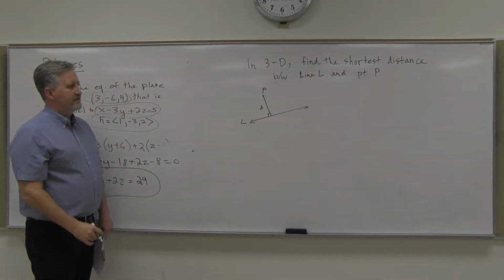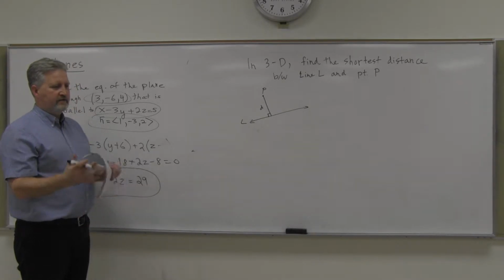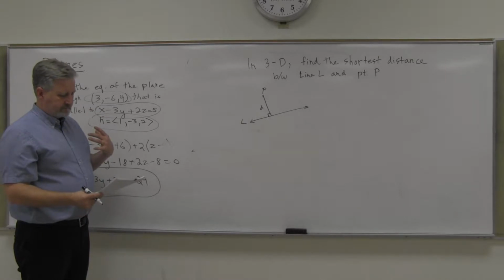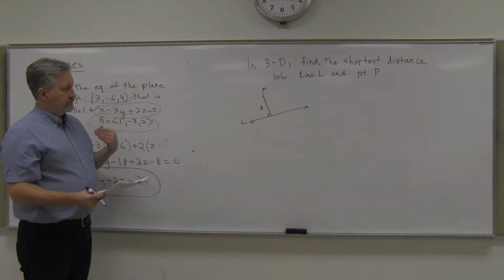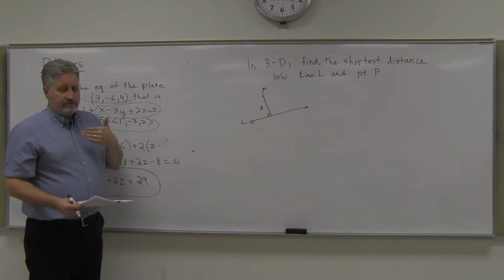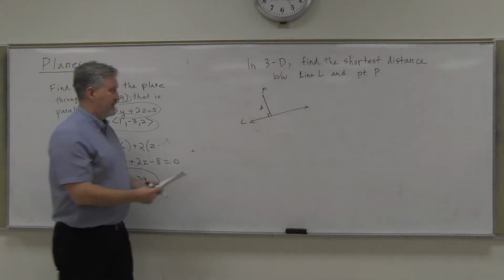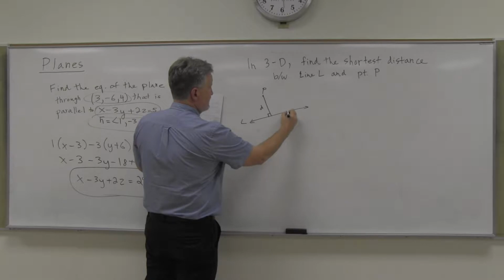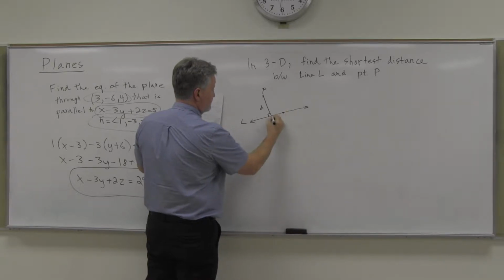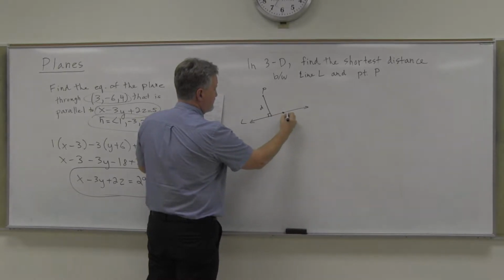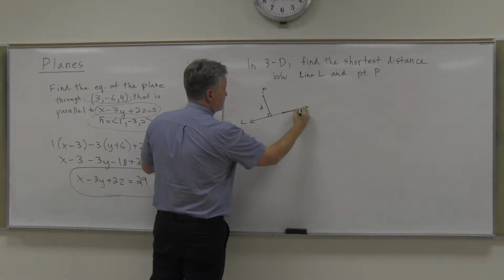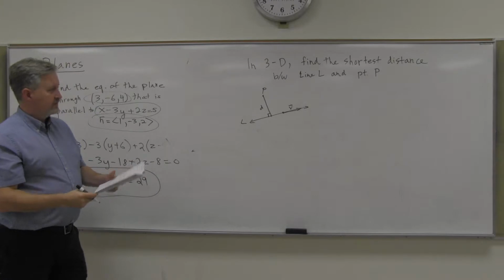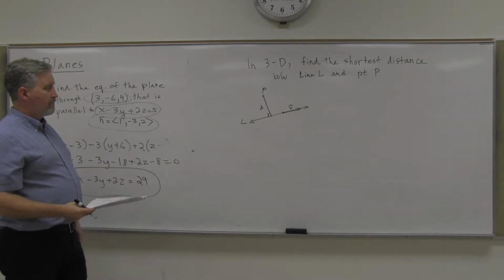Well, in our three dimensions, for a line, what we need is a vector for that line, and we'll call that vector V. It doesn't necessarily have to be associated with that point. Let's put it out over here. So vector V is just the direction vector of the line.